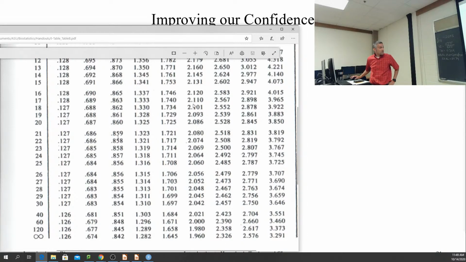Here it is. This is the 95% column that we would use. You can see as our degrees of freedom increase, we get closer and closer to 1.96. That 1.96 is your 95% cutoff of a normal distribution. So with an infinitely large sample size, we do basically follow the normal distribution. Increase the sample size, our t-value gets smaller, which decreases your confidence interval.